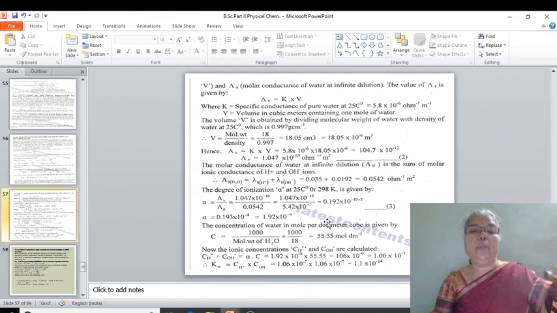Already we have calculated the alpha value and the concentration value, and by taking the product we get the ionic product of water.